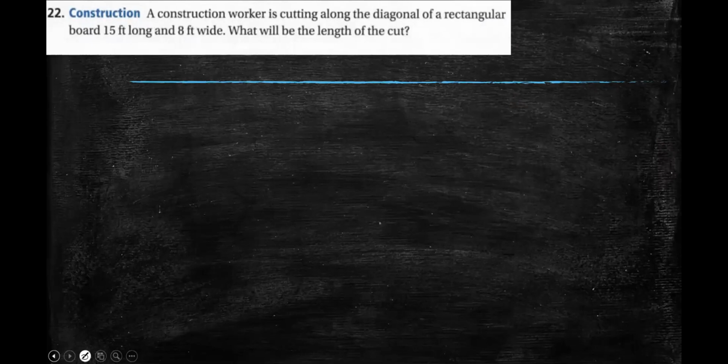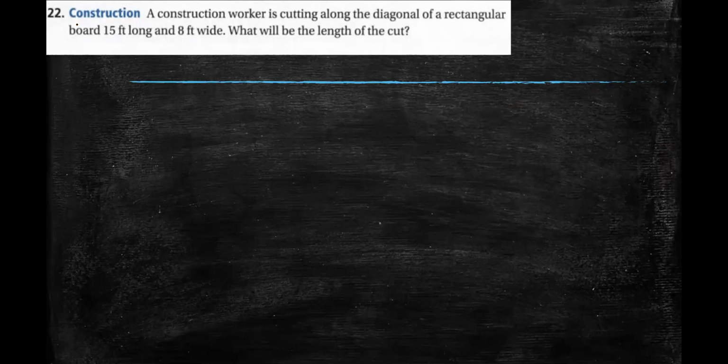A construction worker is cutting along the diagonal of a rectangular board 15 feet and 8 feet long. Sorry, 15 long and 8 wide. What will be the length of the cut?